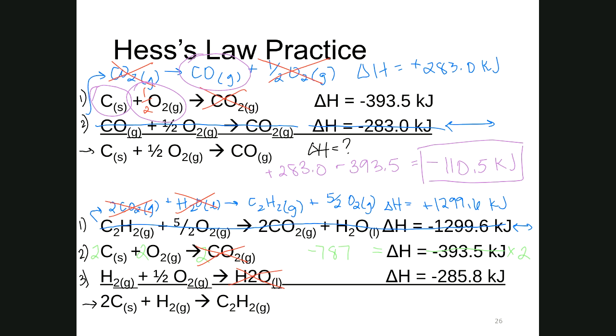The last thing you should notice is oxygen. And for oxygen, we have a lot going on here because we have oxygen in every single reaction. So if we look at our first reaction that we have written here in the blue, we have 5 halves, and that's on the right side of our equation. In our second equation, we have 2 oxygens, which is on the left side.